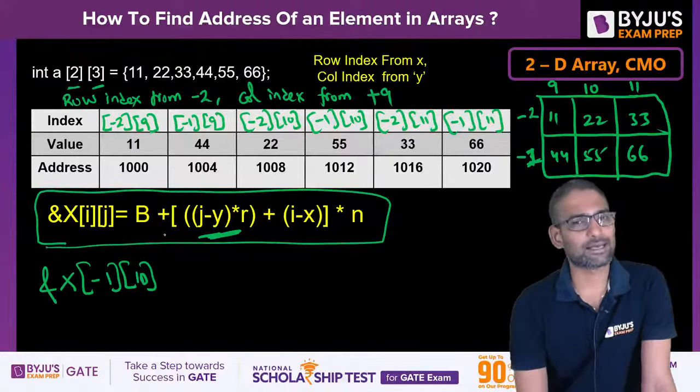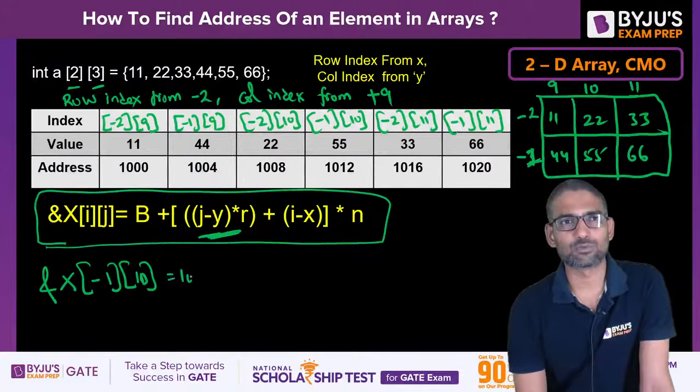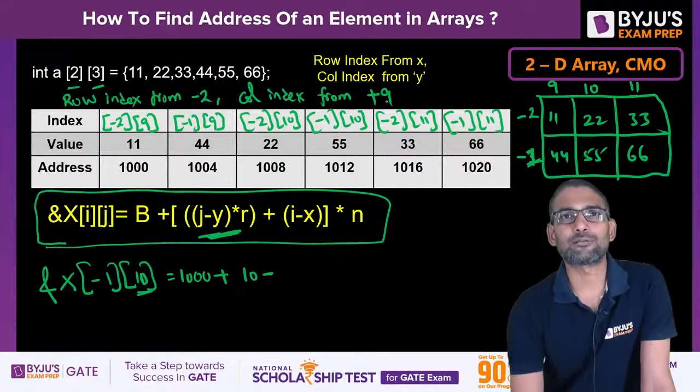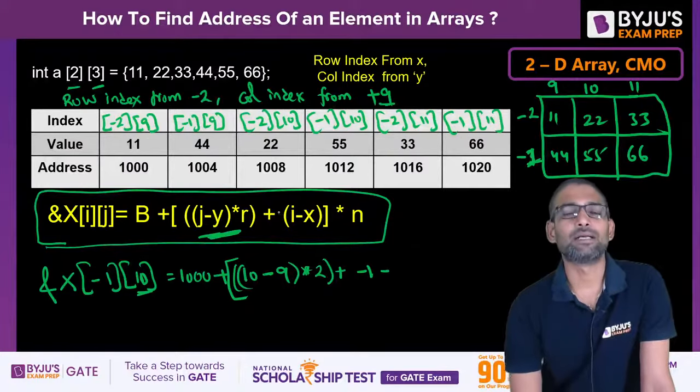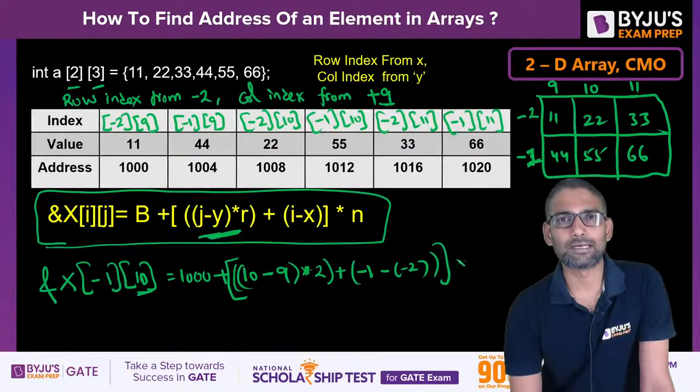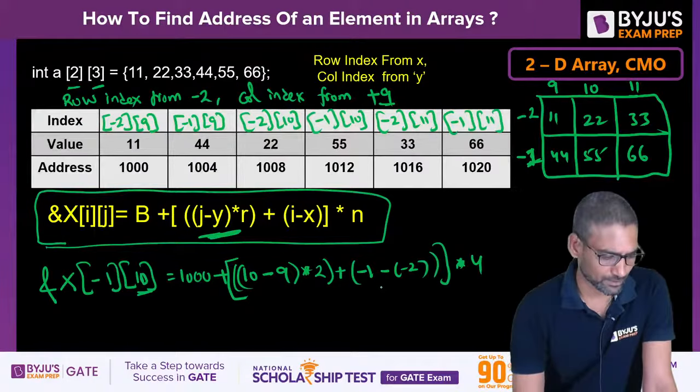Here base address I have taken as 1000. So it is 1000 plus J is what? 10 minus started from 9. So 10 minus 9 into number of rows 2, plus I is what? -1, and the numbering started from -2. Whole multiplied by size of each element is 4.